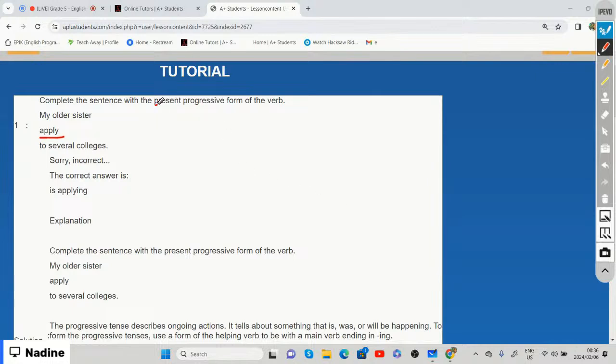If this is in the present tense, then we say my older sister is applying to several colleges.